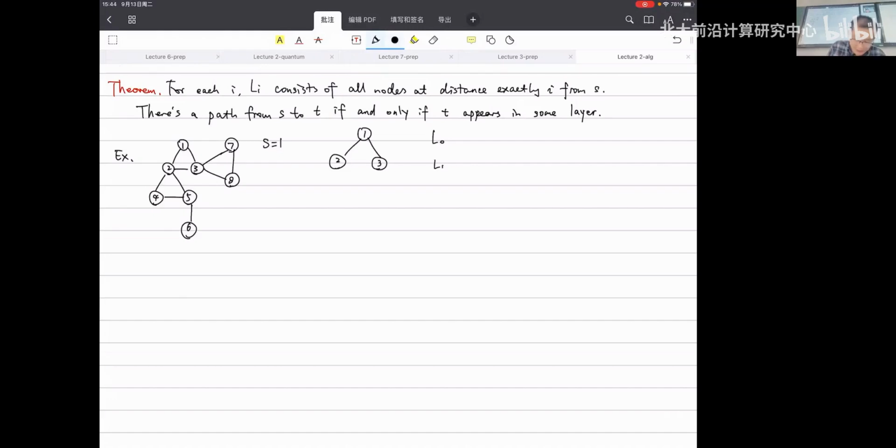The neighbors of 2 are 1, 3, 4, 5. But 1 and 3 already appeared earlier, so that is not what we are interested in. So we are going to have a 4 here, and also a 5 here. How about if we look from the vertex 3? Then we have a 7 here and an 8 here.